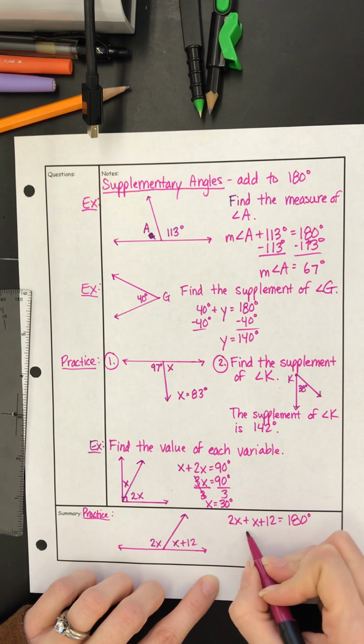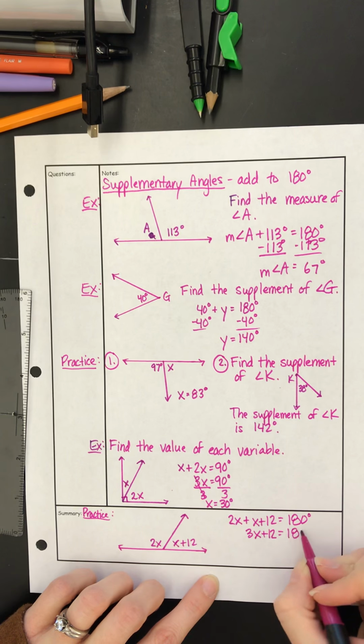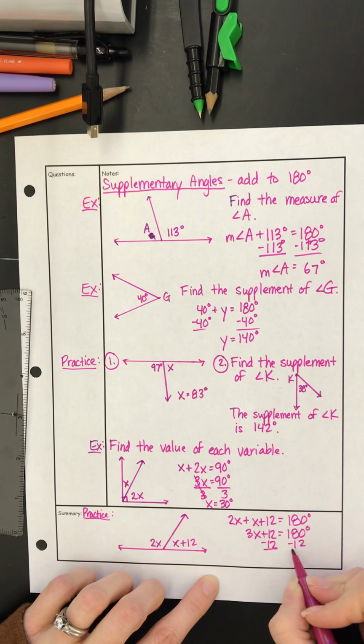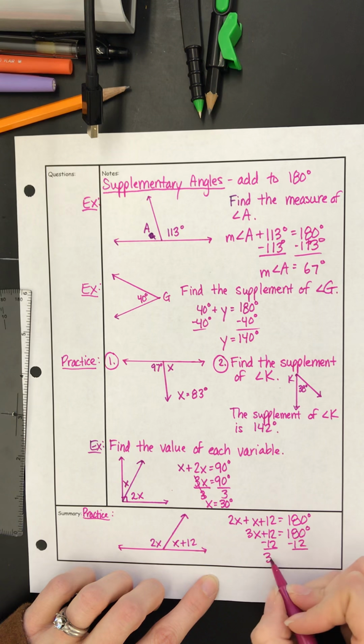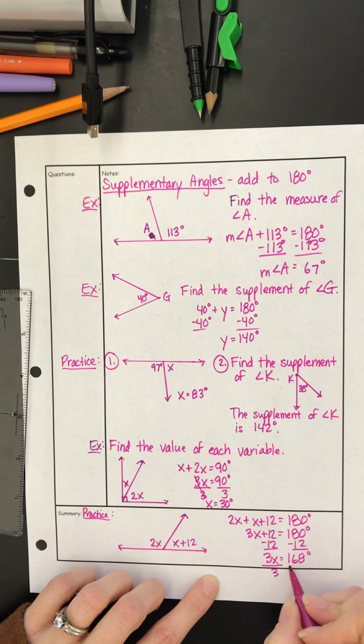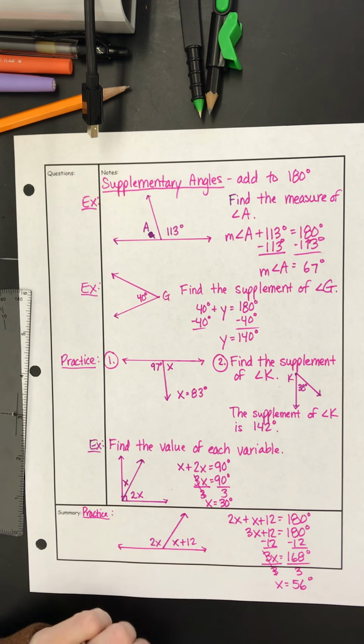So I'm going to combine like terms here, and then solve for my variable. You should be pretty good at this at this point in the school year. This is 3x is equal to 168 degrees. Divide both sides by 3, and we get that x is equal to 56 degrees, I believe.